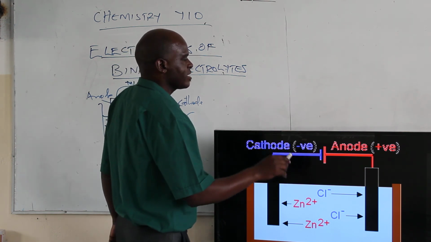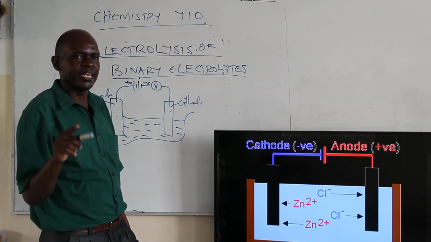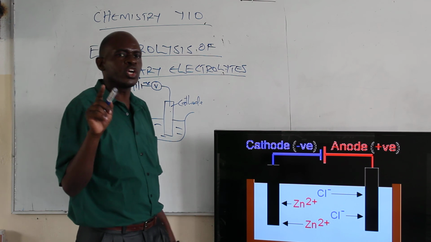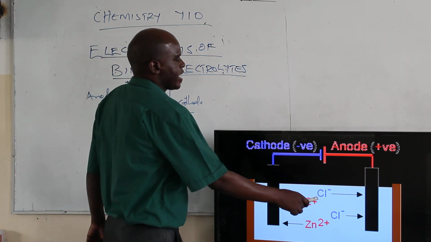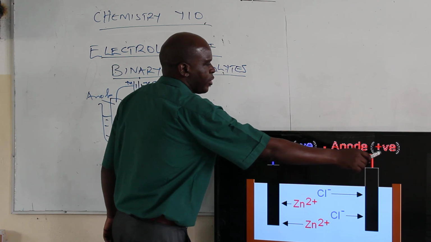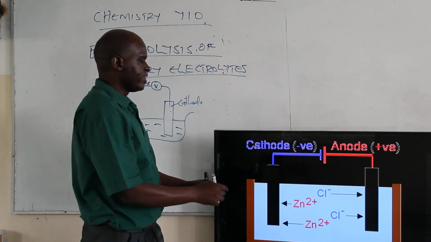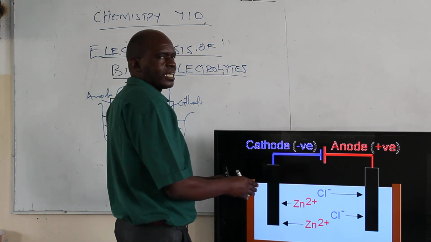And on the other hand, the electrolyte, in this case zinc chloride, the chloride ions will be attracted towards the anode because the anode is the positive terminal. So these two will quickly move apart.